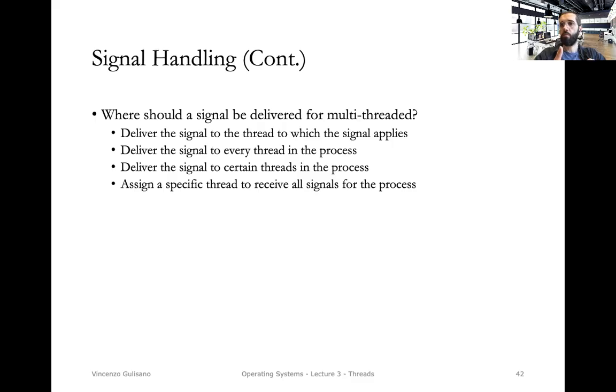Which of the two options to go with might depend on the process you're running. So both options might be valid, and you might want, as an operating system, to provide functionality so that you can choose. Simply put, all the handling of signals becomes way more complicated once you start having multi-threaded processes instead of single-threaded ones.